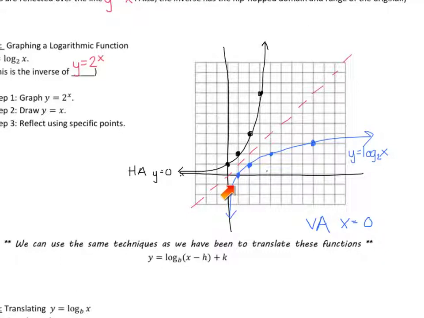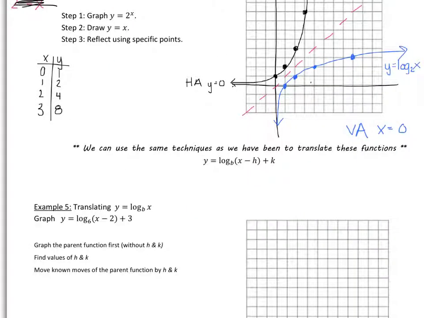Okay, any questions? As we keep going, now we're just adding in h and k. So we're just going to translate it up and over, left and right, up and down, all that. As usual, h is stuck with x, so it's in the parentheses with x. And k is stuck at the very end.